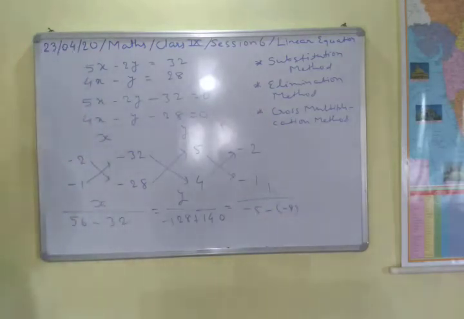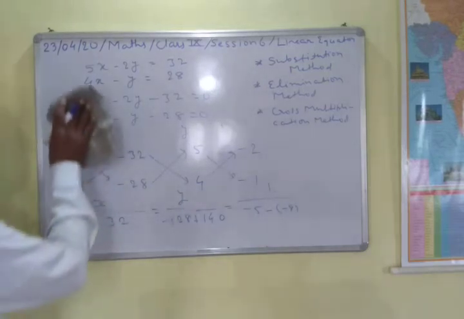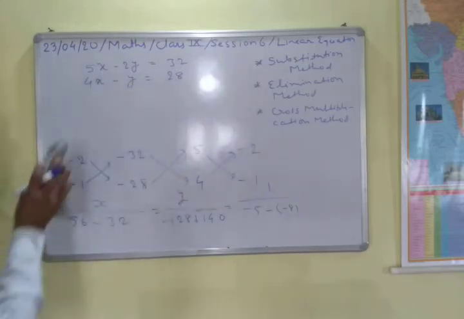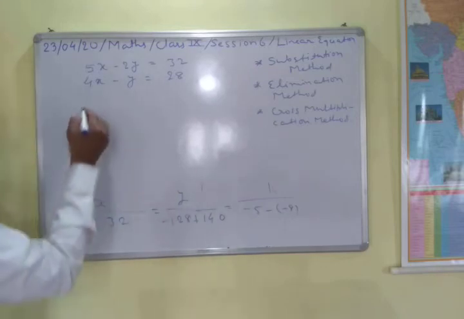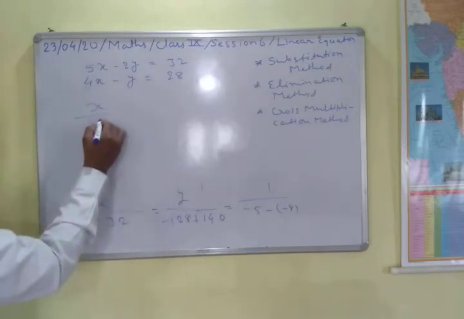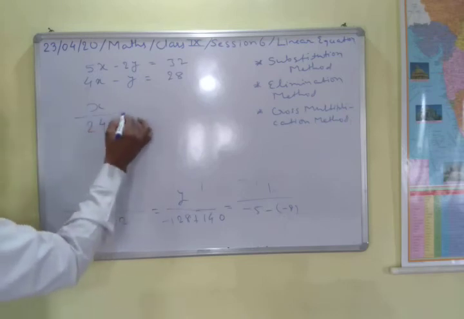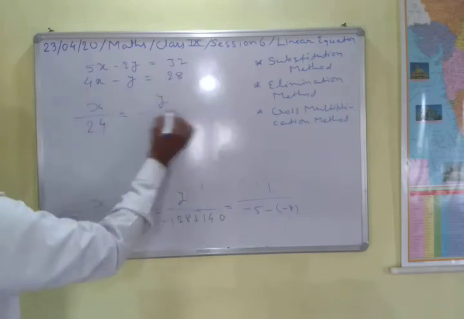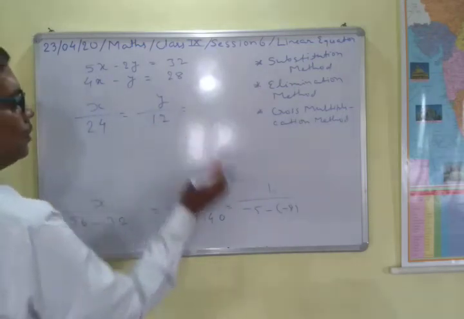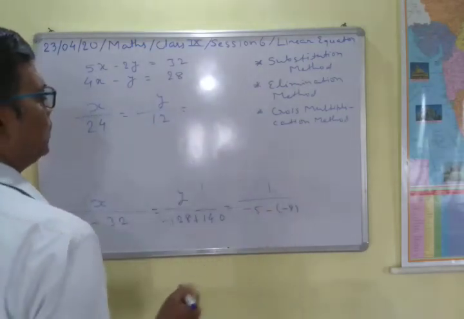So in this way we will write everything, and then x is equal to what? x by 32, when you subtract you will get 24, and y by 12, and this will be equal to minus 5 plus 8, that is 3.